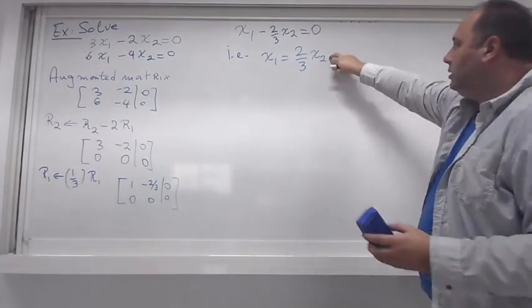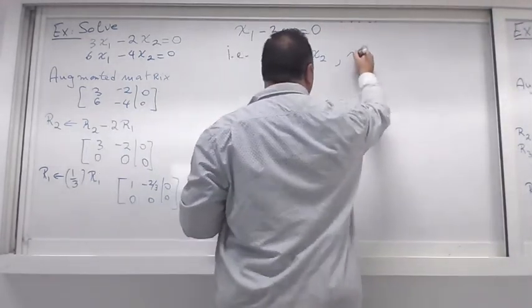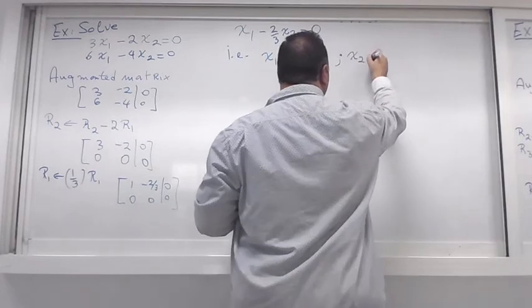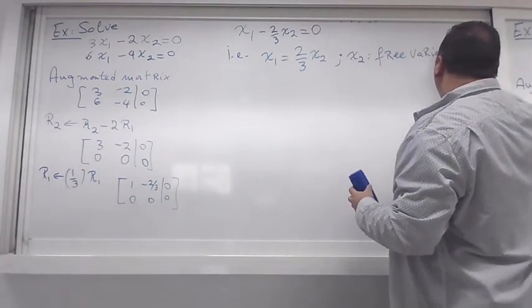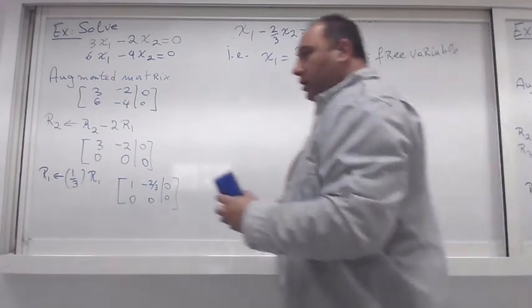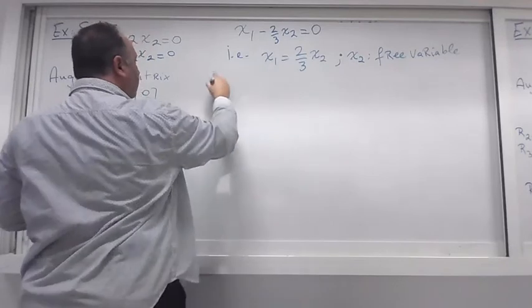So this is the expression for x1. x2 is a free variable. And because x2 is a free variable, that's where our infinitely many solutions come from.